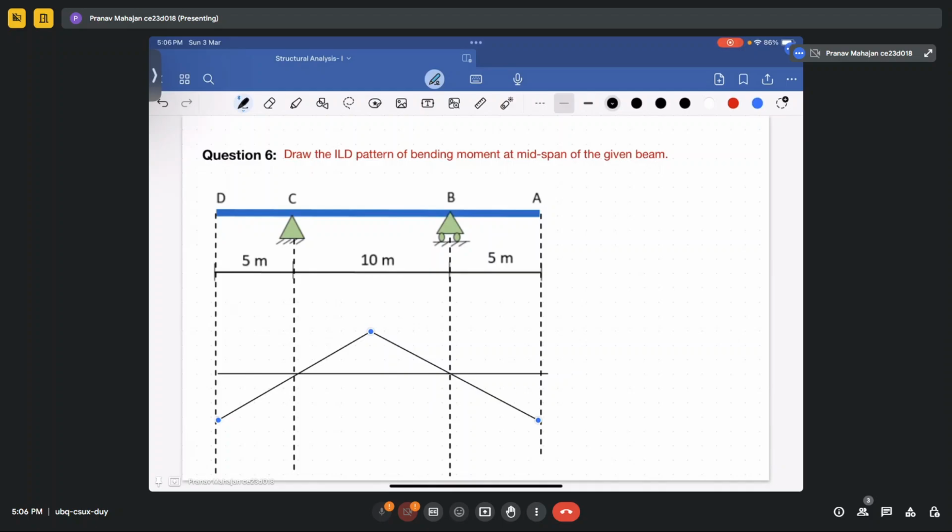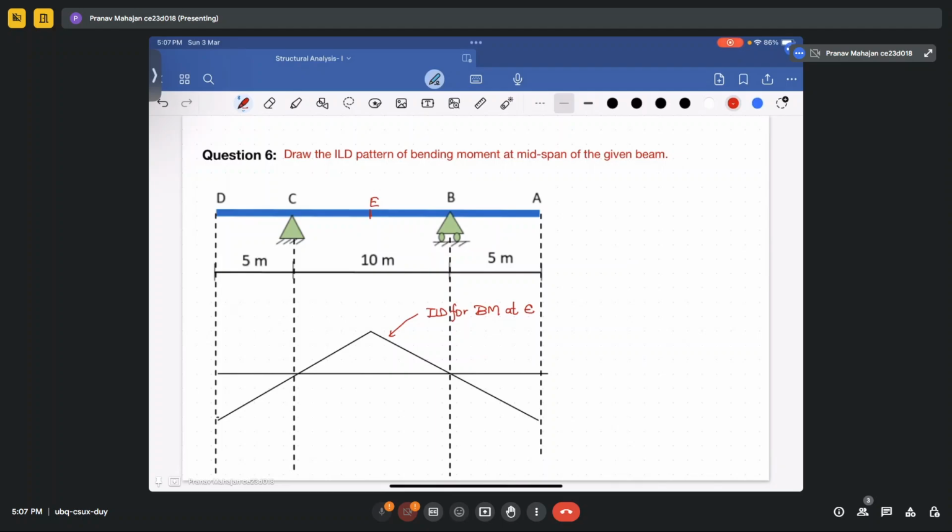Yeah, so this is your ILD for bending moment at C. C is not C, I will give it another name. It is E. So if this is your E, this is your ILD for bending moment at E. Okay, that's what we have to do in this question.